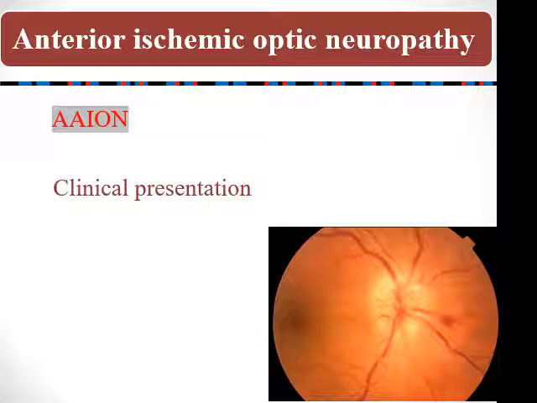Arteritic anterior ischemic optic neuropathy occurs in about 30 to 50% of patients with giant cell arteritis. The common presentation is sudden, marked diminution of vision in one eye. In about 1/3 of cases, the other eye is affected after 1 week.